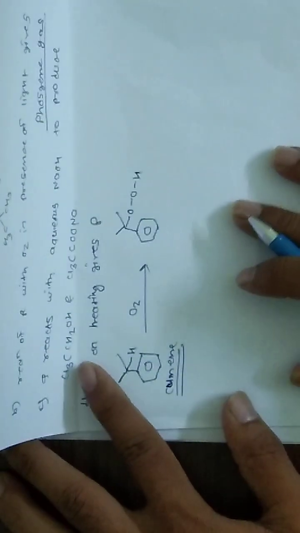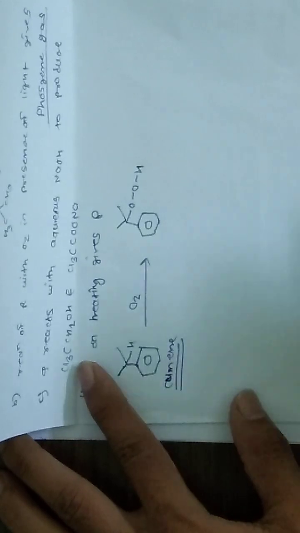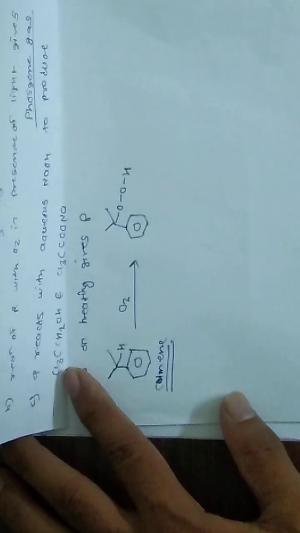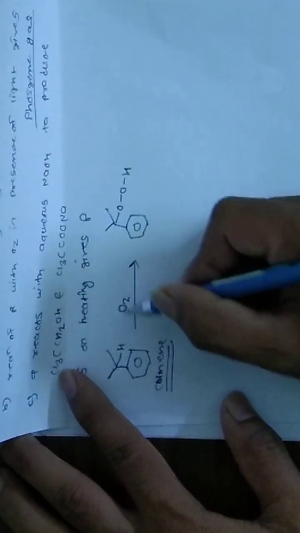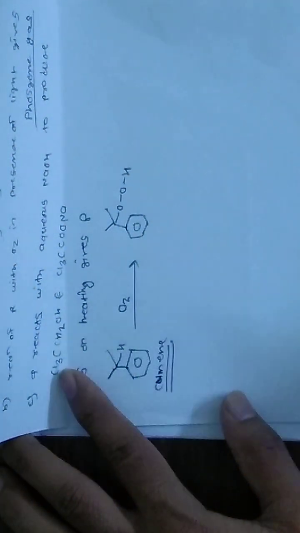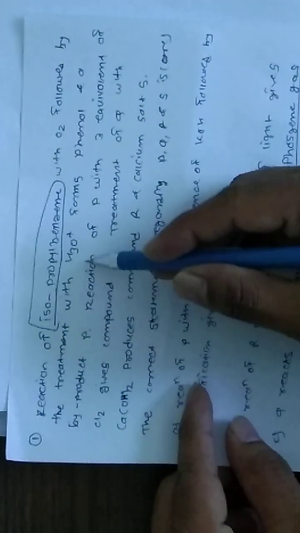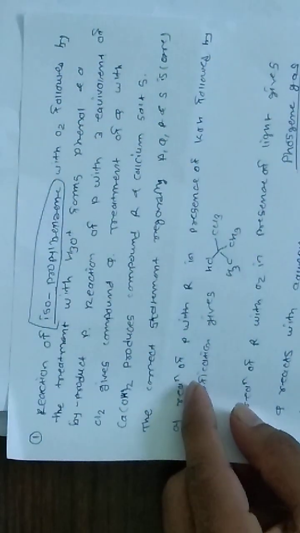I am writing the mechanism here. Simply oxidation of that CH bond, that is insertion of O2 in that bond. After that, treatment with H3O+ forms phenol and a byproduct P.